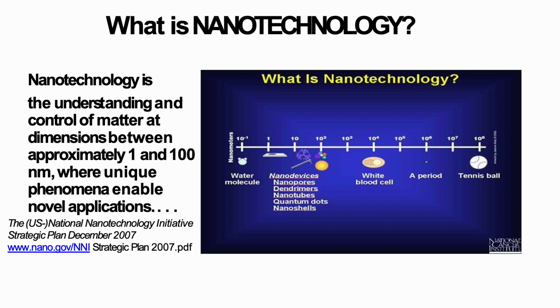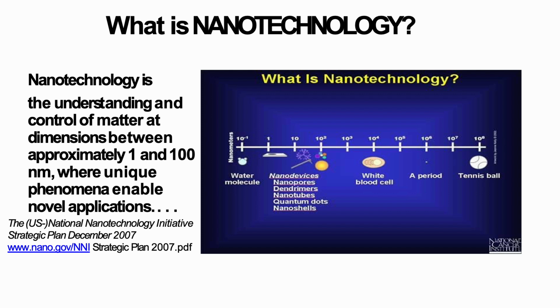Now, coming back to the size, because I want to make sure that we understand that very well. Nanotechnology is the understanding and control of matter at dimensions between 1 and 100 nanometers, where unique phenomena enable novel applications.